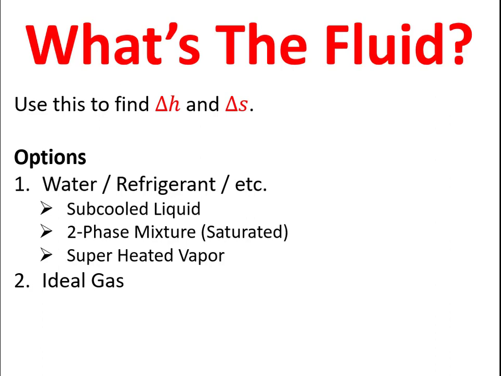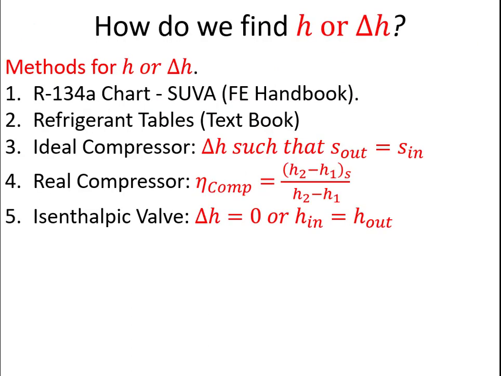Then in this cycle, we'll ask ourselves, what's the fluid? And we can use that information to fix states and find enthalpies and or entropies. In this case, we'll be looking at a refrigerant, so we'll know that then we need to know the phase of the refrigerant. Is it subcooled or a two-phase mixture or a superheated vapor? And if the working fluid is ideal gas, then we have to ask ourselves, do we have constant specific heat or variable specific heat? How do we find H or delta H?